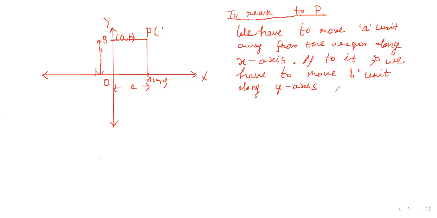I am this time writing only the x-axis and y-axis, we are moving along the positive direction only. Parallel to it, not on it.